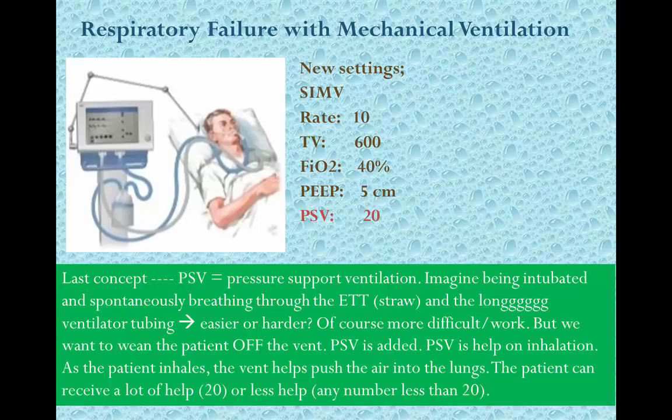You would, of course, say, well, yeah, it's a whole lot more work than if that patient didn't have the endotracheal tube and ventilator tubing present. So, it's not really fair to say to your somewhat weak patient, hey, I need you to do a lot of work of breathing, but I'm going to make it harder on you with this ventilator tubing and the endotracheal tube. So as we begin the weaning process, we will give them some help.